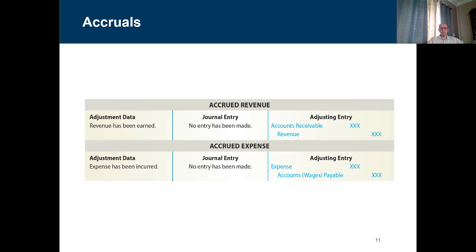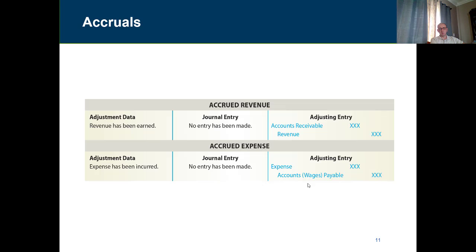So let's see an example here, a table that summarizes how the accrued revenues and accrued expenses would be recorded. So we have here adjustment data: revenue has been earned, and a journal entry hasn't been made. So the adjusting entry would be accounts receivable on the debit side and revenue on the credit side. If we have an accrued expense, which means unpaid expense, so we have here an expense has been incurred, however, no journal entry has been made yet, so we need to make the adjusting entry.